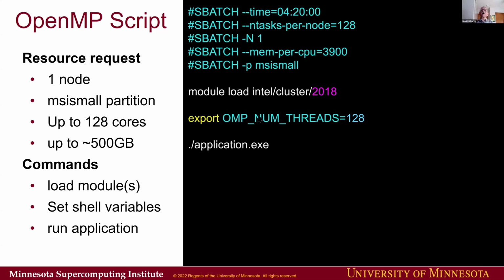Once you have your environment set up in terms of the runtime libraries and perhaps the number of threads you want to run on, you can then just run your application like any normal application with just a path to it. And if it's a compiled C or Fortran code, it will start up and run your program.